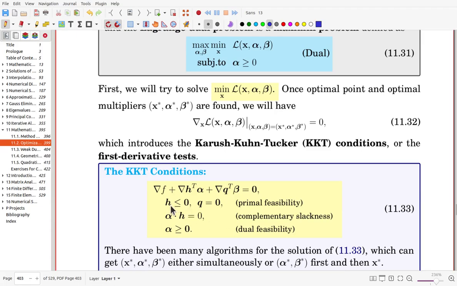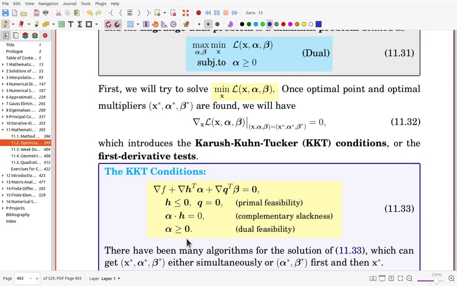Primal feasibility must be satisfied: h must be non-positive, q must be 0. Then dual feasibility: alpha must be non-negative.